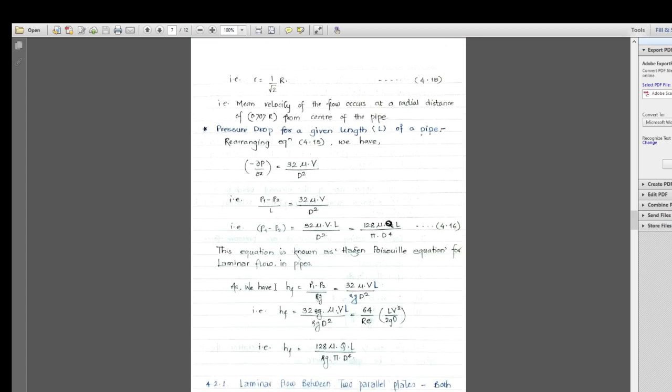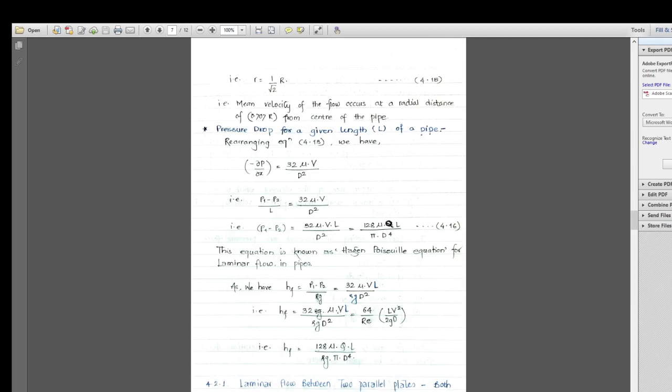Now also we know that hf is equal to P1 minus P2 by rho g. So we can substitute the value of P1 minus P2 as 32 mu into V into L by d square. So we will get 32 mu into V into L by rho g into d square.